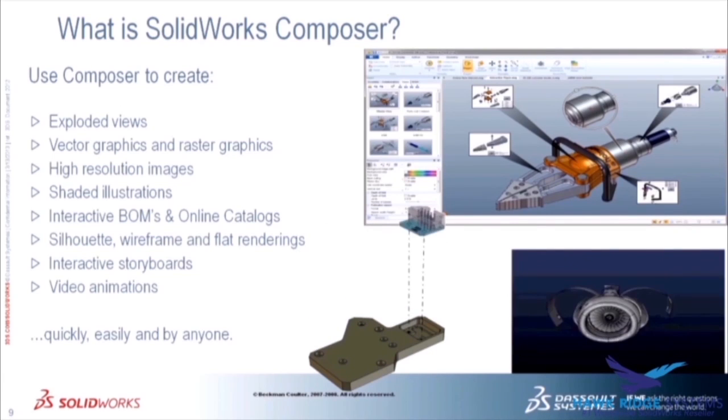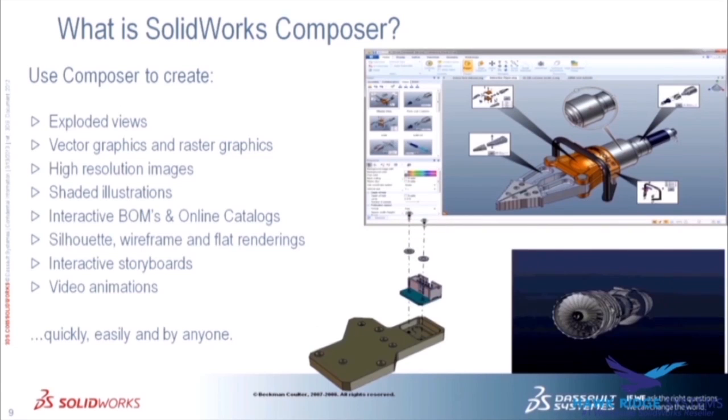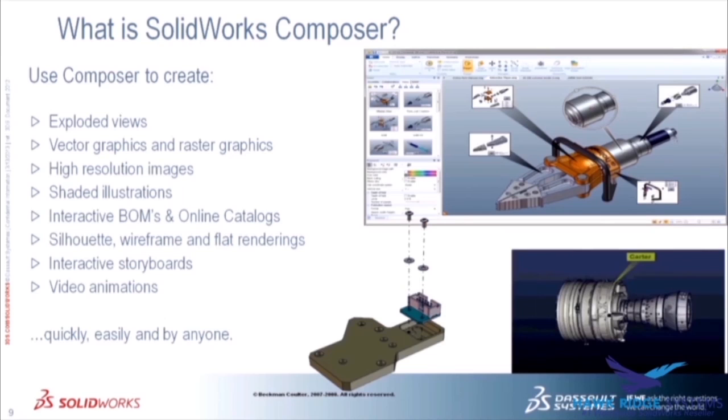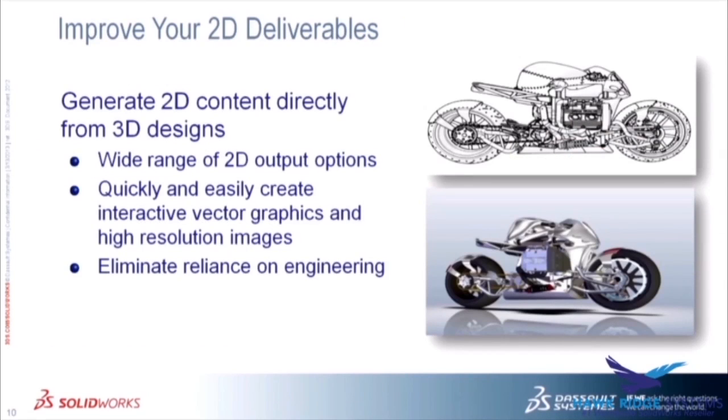And of course, video animations, which are also used for doing assembly instructions in the shop. So pretty much anybody can create all of these different things. You don't need to rely on the engineering department.